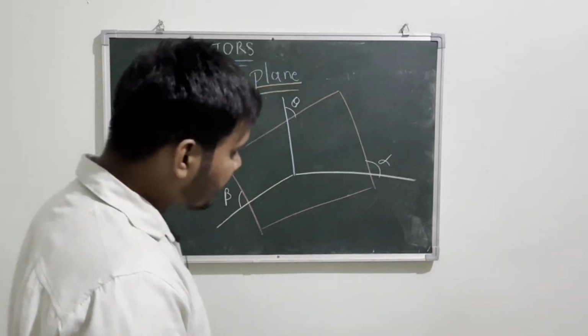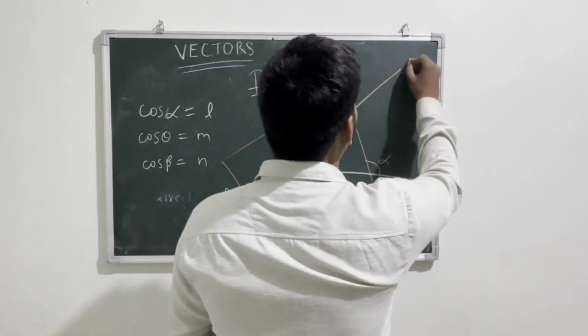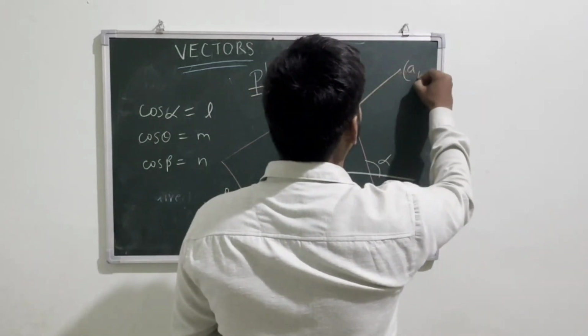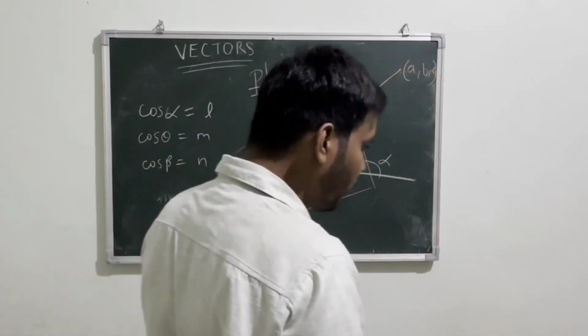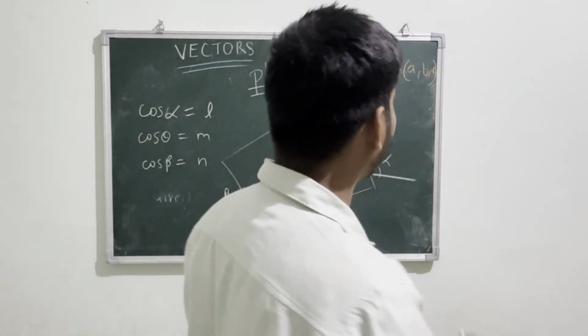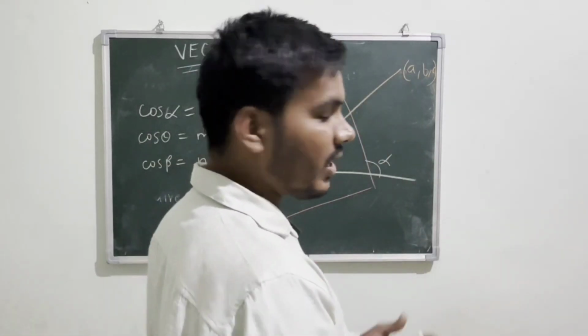And now if there is any line which has coordinates like A, B, C, passing through this plane, how to determine the position of this line in the plane, all these things come to our mind.